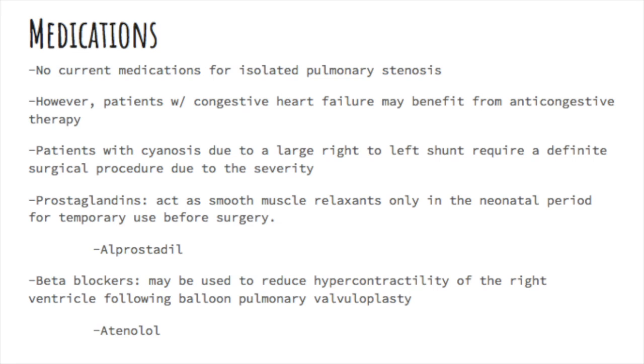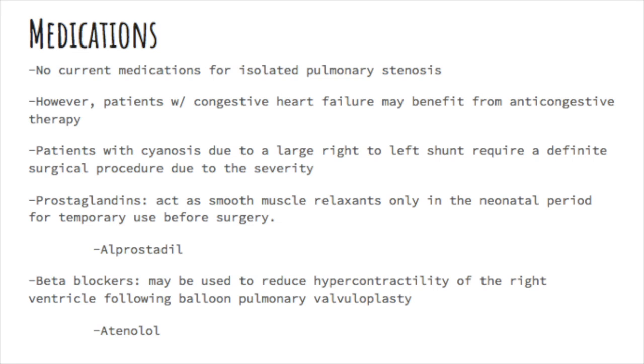Prostaglandins and beta blockers can be used. Prostaglandins act as smooth muscle relaxant only in the neonatal period for temporary use before surgery, and an example of this is alprostadil. Beta blockers may also be used to reduce hypercontractility of the right ventricle following balloon pulmonary valvuloplasty, and an example of this is atenolol.